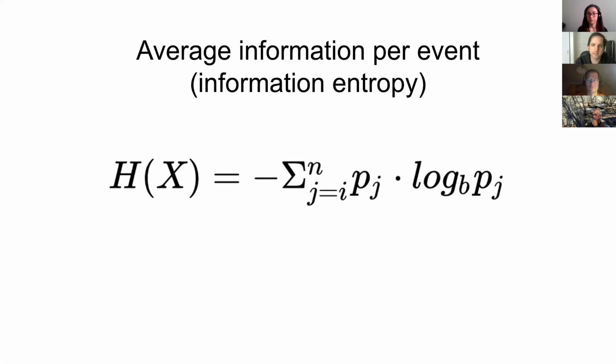So this is going from the information of a single event to the entropy of a system. So the average condition of many events happening at the same time.